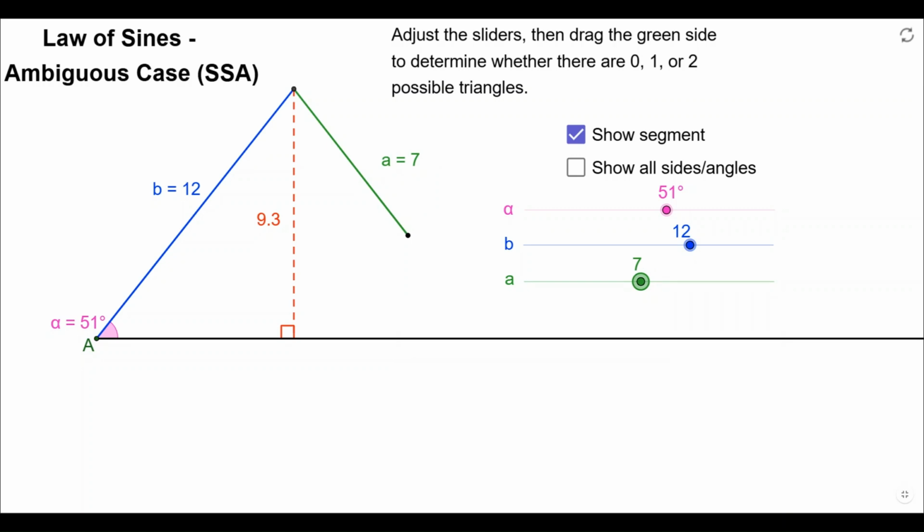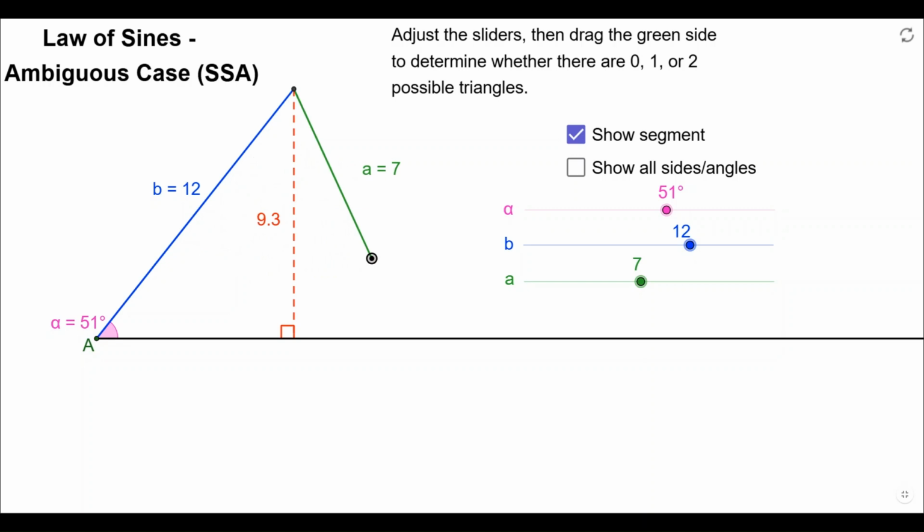You can tell on the graph it's pretty short. If I move side A around, what does not happen? As we move side A back and forth, it's only a length of 7, it's too short. It will never be able to reach down and connect with the bottom side and form a triangle.